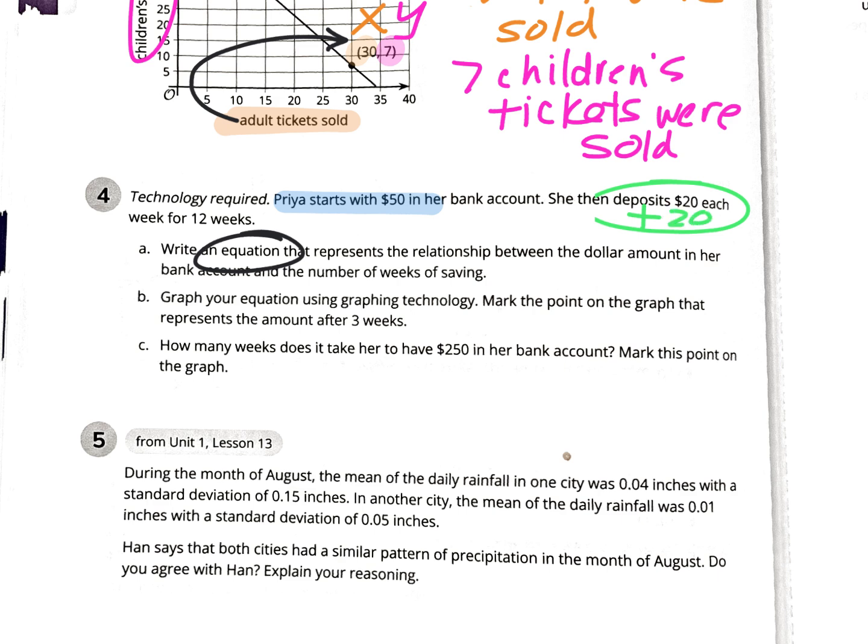So we're going to add 20. And then each week means that I am going to multiply it by X. And then the amount of money, the dollar amount, I am going to use Y to represent that. So we've got Y equals 50 plus 20X.